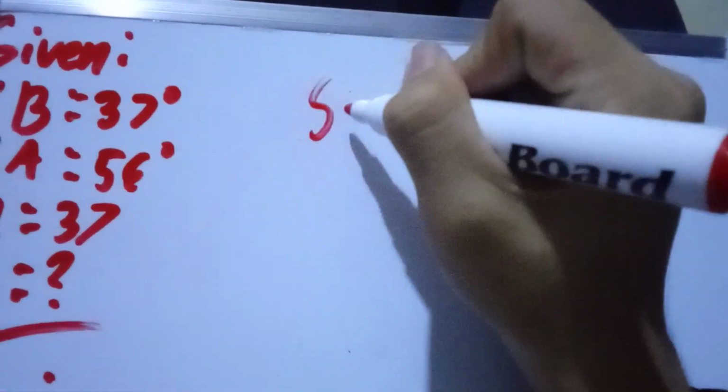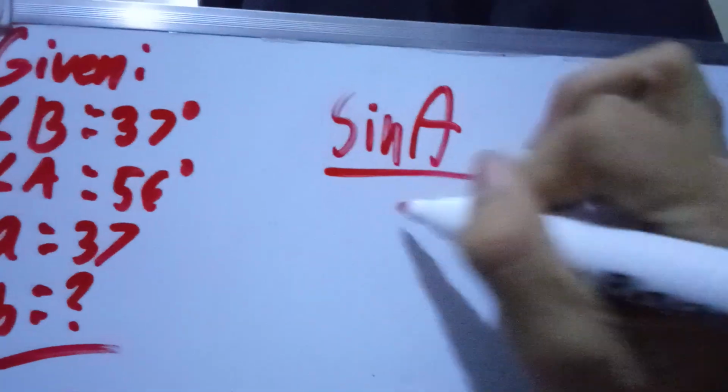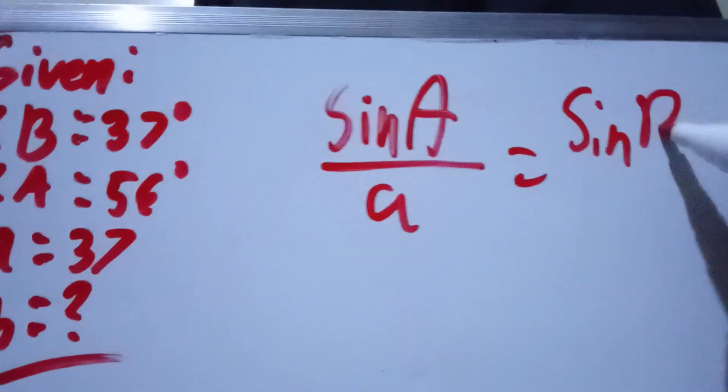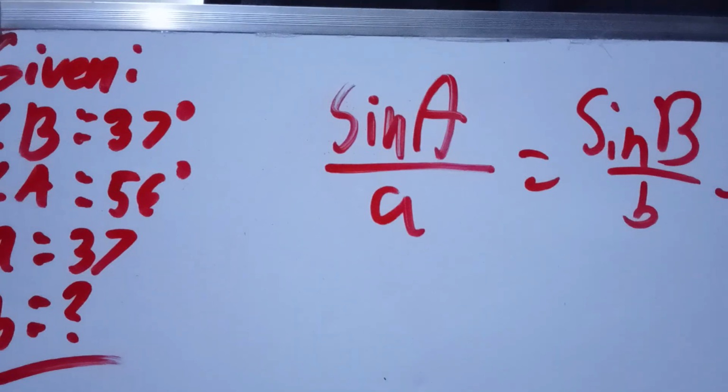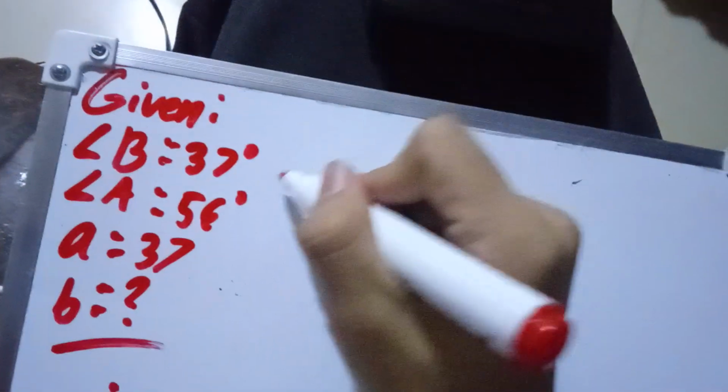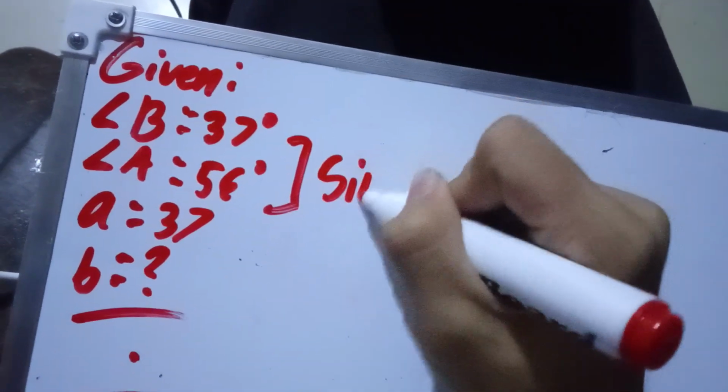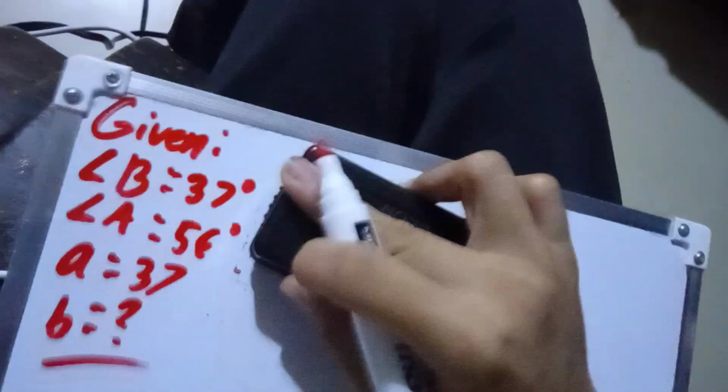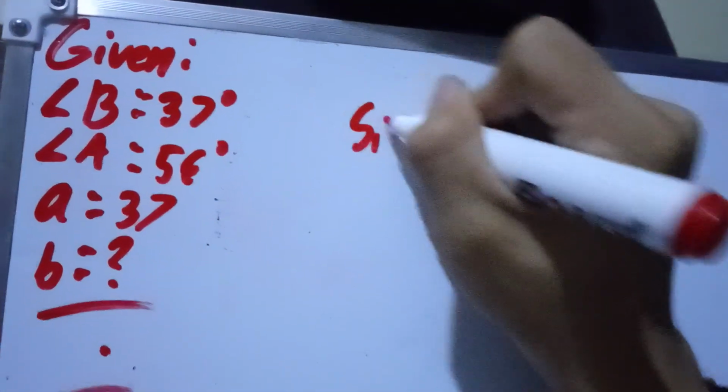The formula I'm gonna use is sine A over A equals sine B over B equals sine C over C. Since we're gonna use that, since the degrees here, it's gonna be sine.